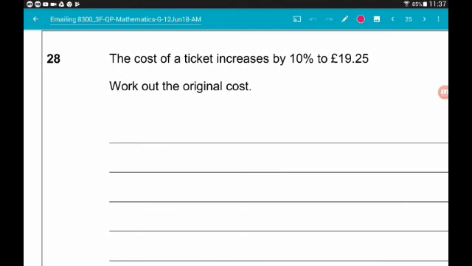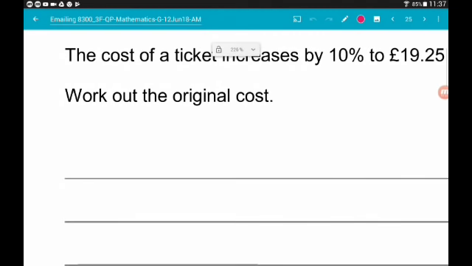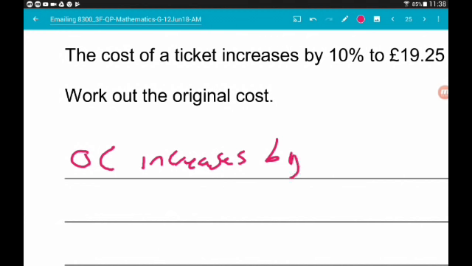So, the original cost, so we'll call it the OC, increases by 10%. Now the original cost is 100% of the original cost.